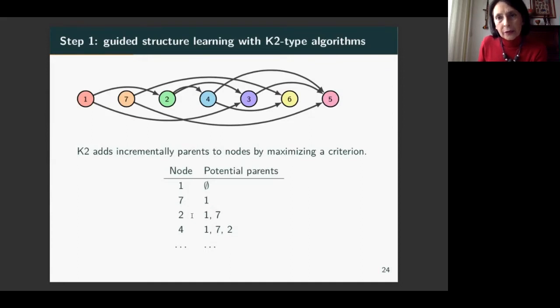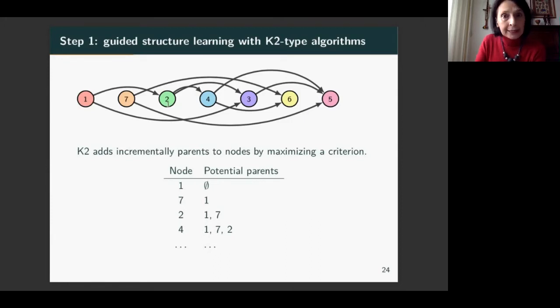K2 type algorithms simply incrementally add parents to a node by respecting the topological ordering, maximizing a statistical criterion. So, for example, parents of 4 are searched among 1, 7, and 2 by maximizing a proper criterion.